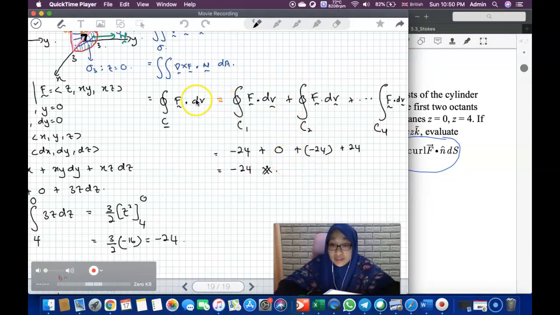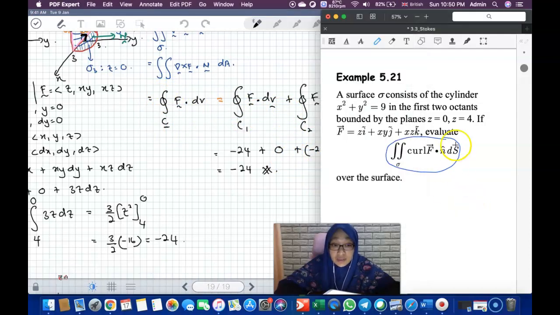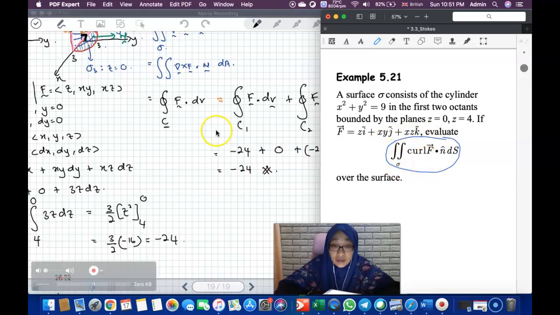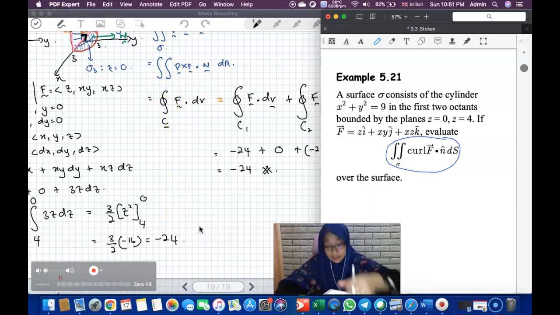You have to provide the line integral in your calculation because they ask for Stokes theorem. But if the instruction is like this, then you can give the calculation using the surface integral as stated here, or you can use Stokes theorem by providing this calculation, which is the line integral.